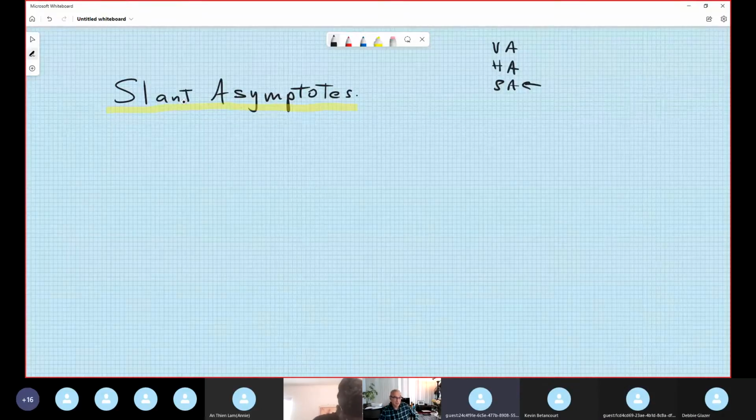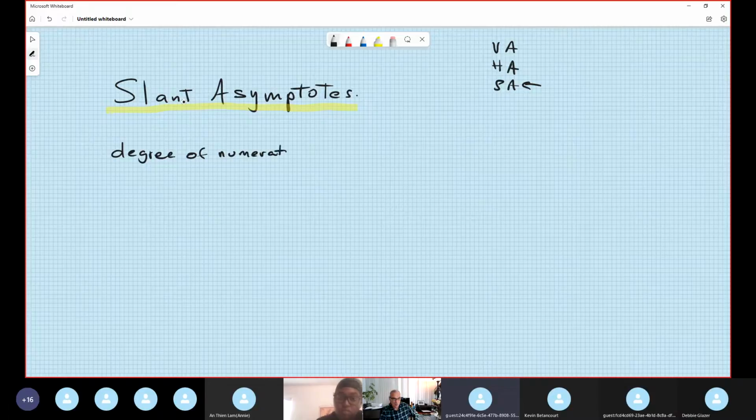Okay, slant asymptote occurs when the degree of the numerator, so there's similar analysis, degree analysis, the degree of the numerator is equal to the degree of the denominator plus 1.